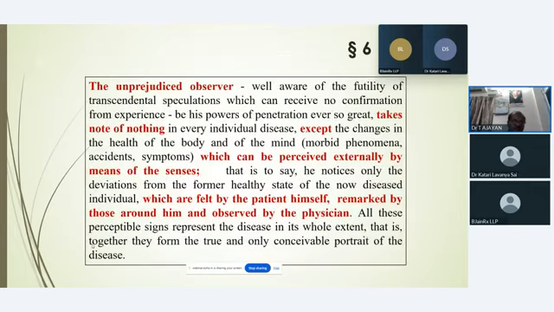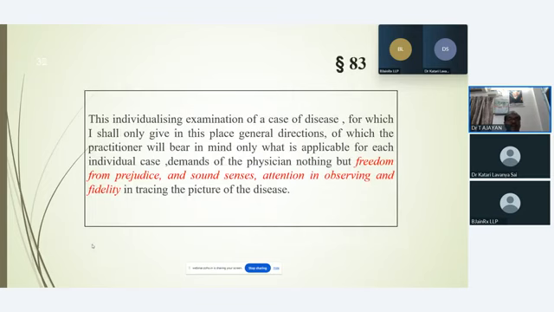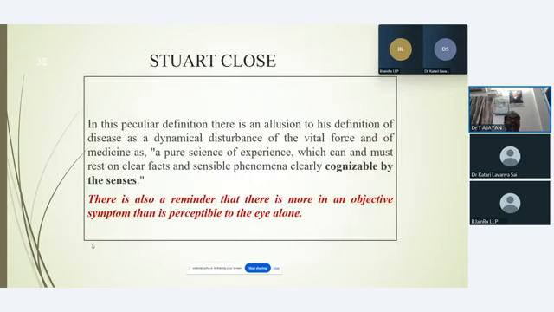Hahnemann also, in aphorism 6, says the role of a homeopathic physician is always as an unprejudiced observer. Again, there is also a reminder that there is more in an objective symptom than is perceptible to the eye alone.